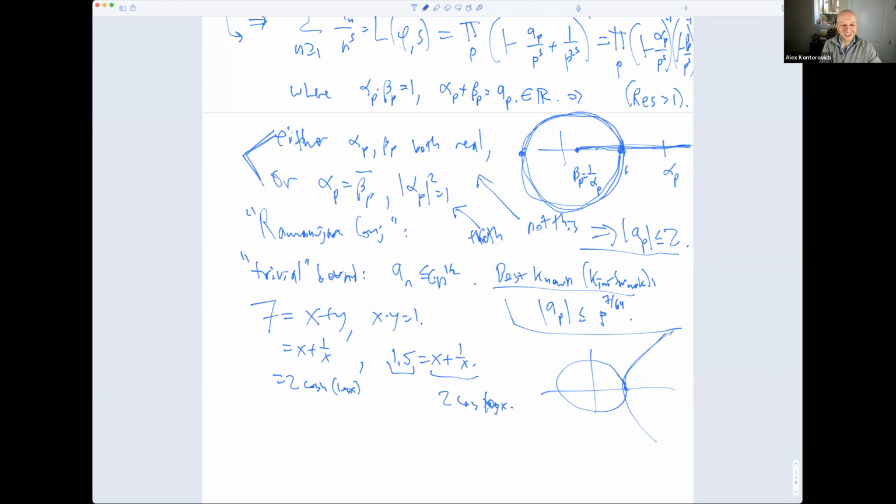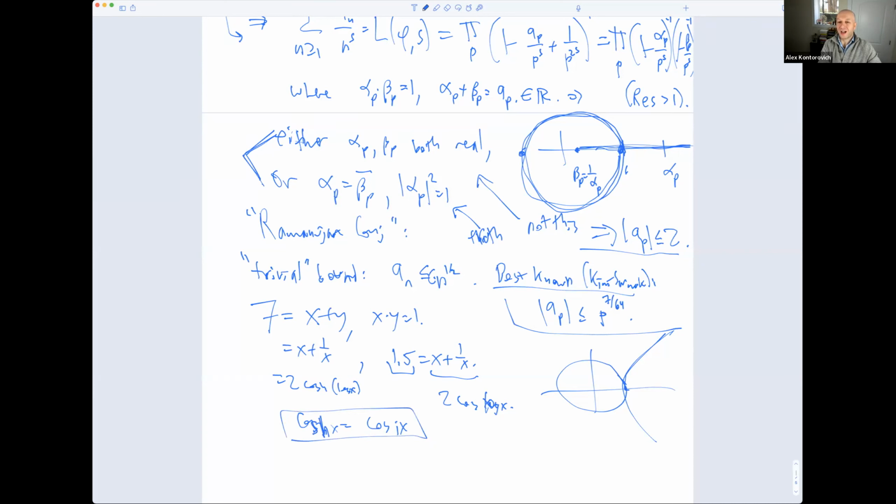Cosh x is cosine of ix, something like that. So that's exactly what's going on.